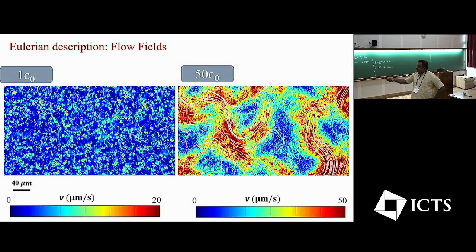At low concentrations, the velocity is high only in very small areas, but at very high concentration, you start seeing the emergence of collective coherent flow structures, and the white lines are the streamlines for the flow, and you can see that they are getting mixed over long range.